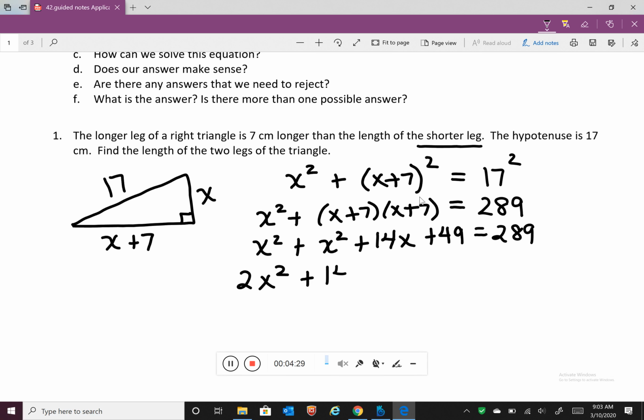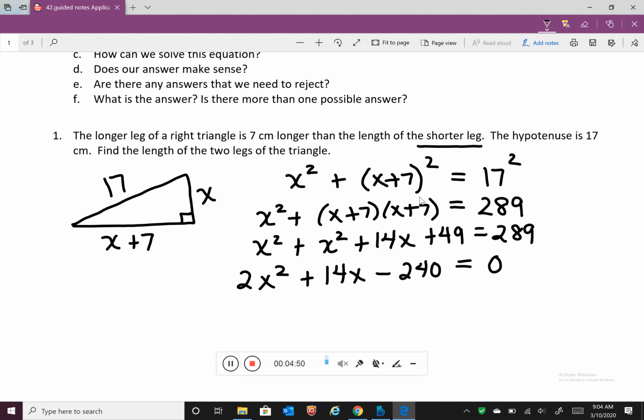14x has nothing to combine with it, but because this is quadratic, we're going to set it equal to 0, which means we're going to subtract 289, which gives us minus 240, and this is set equal to 0. Now the next step is crucial.